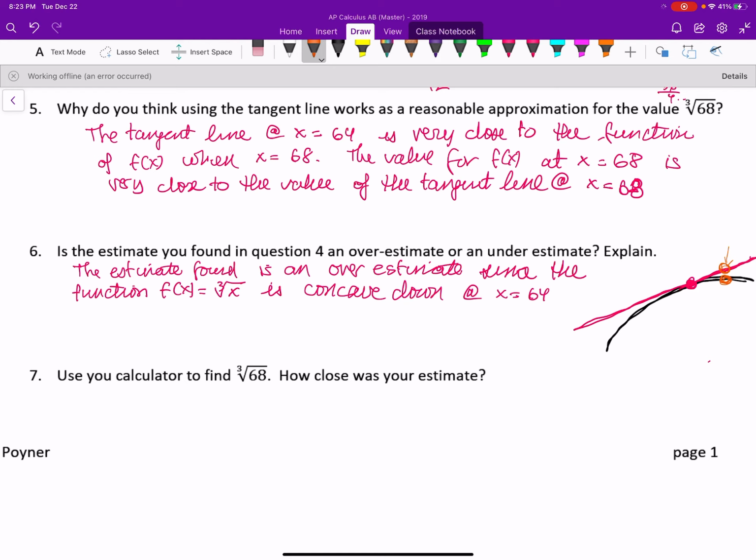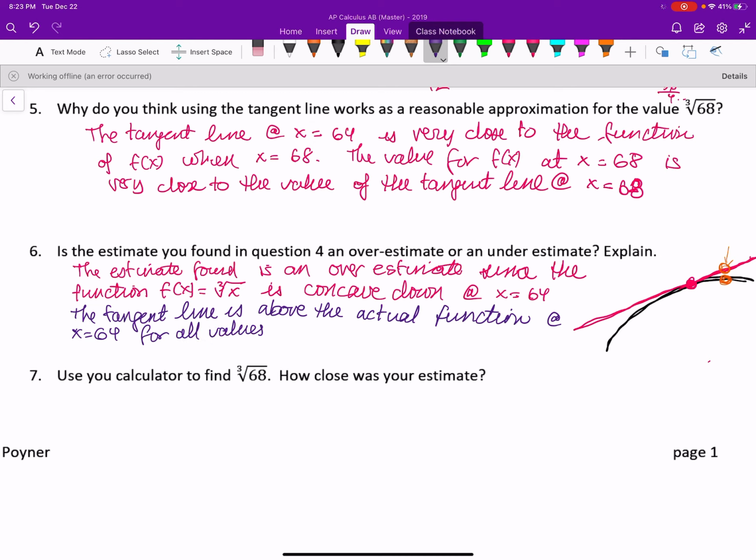So here, I'm going to add that the tangent line is above the actual function at x is equal to 64 for all values other than x is equal to 64. Because at 64, it's on it, right?